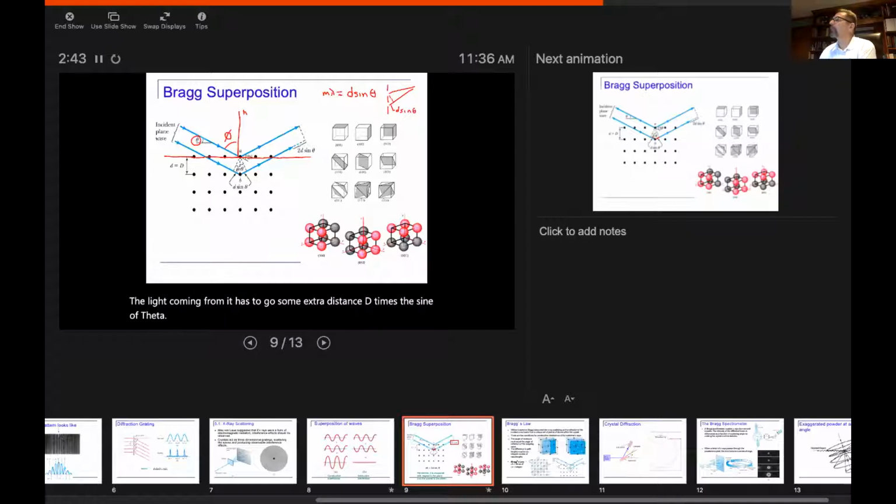This is approximate because those two lines aren't parallel, so this can't be an exact right angle, but the angle theta is right there, or right there. D sine theta is the extra distance the light coming from the bottom source travels. If that's an integer multiple of wavelengths, we say we got constructive interference and we get a bright spot.